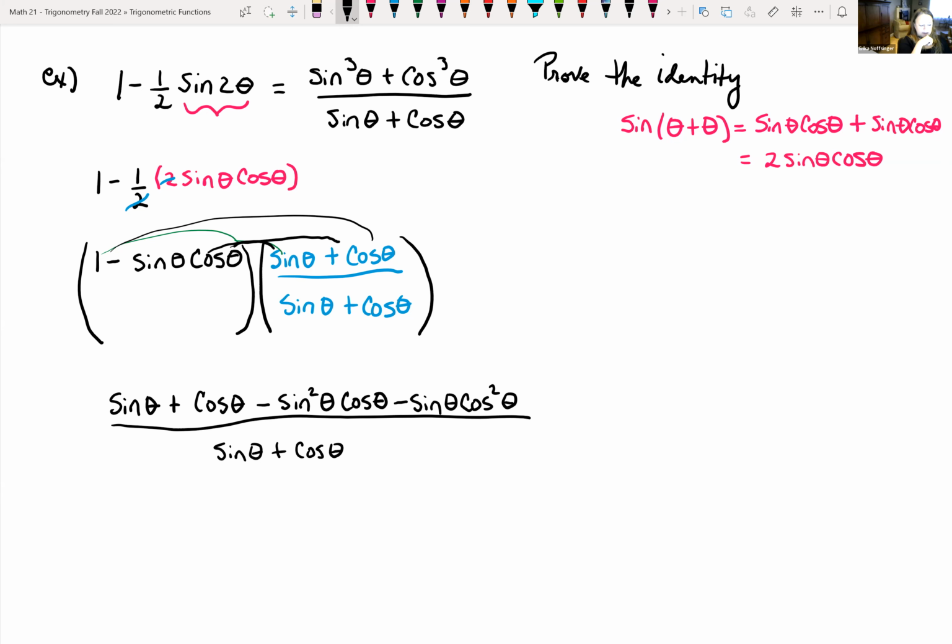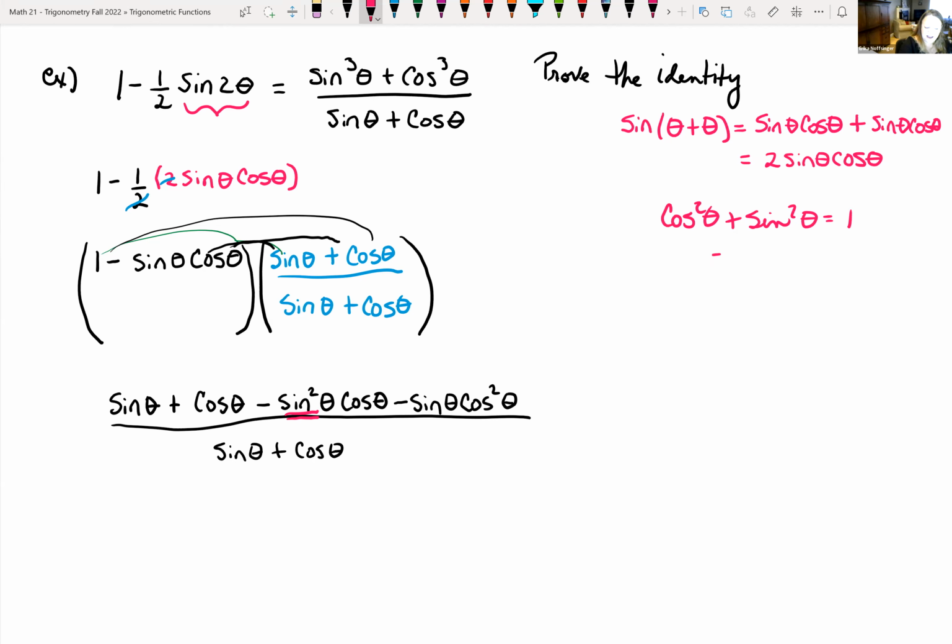So let's think about it. I know in that numerator I have a sine cubed theta and a cosine cubed theta. If we go back to another identity that we know, cosine squared theta plus sine squared theta equals 1, I could manipulate the sine squared theta to have cosine squared theta in it.